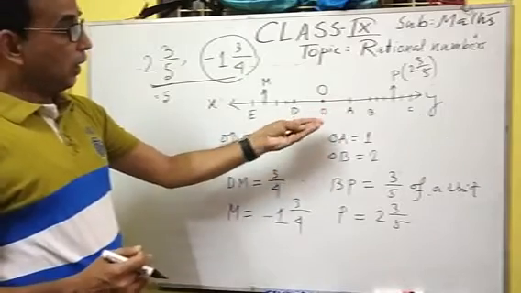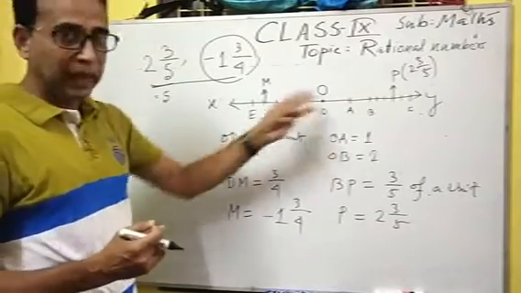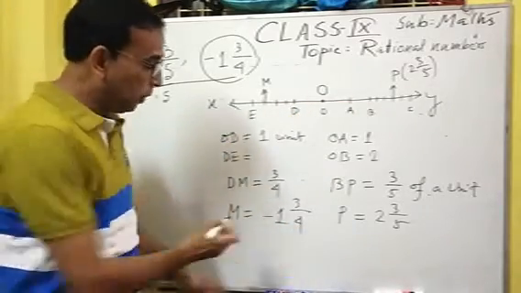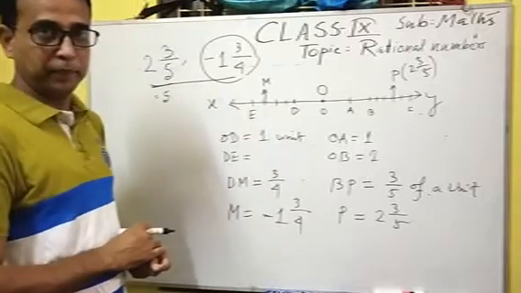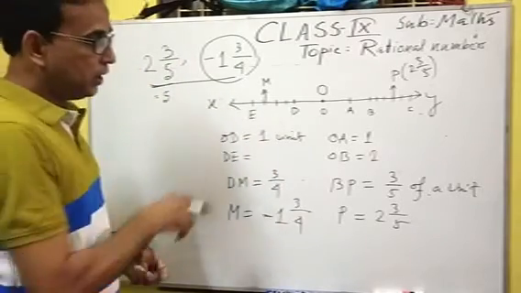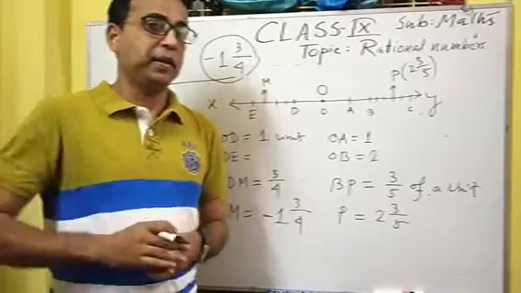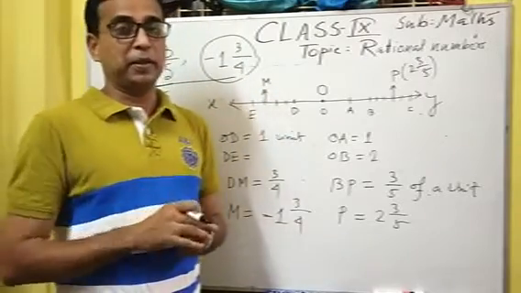Since it is to the left of O on the real line, the sign should be negative. In this way we can represent any rational number on the real line.